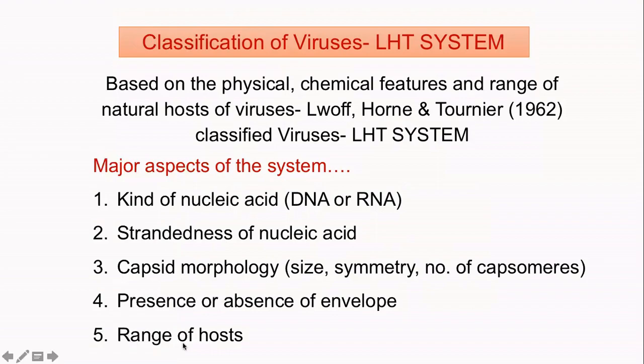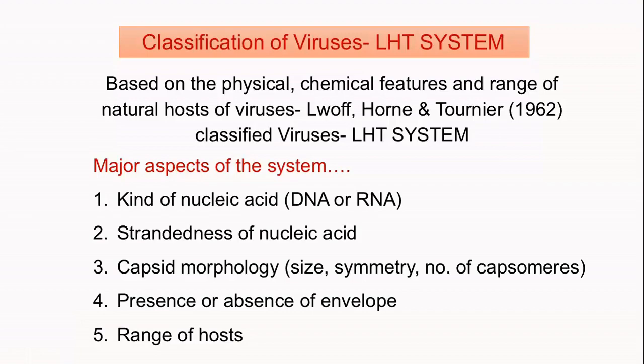And the last category that it uses is the range of hosts, that is, all the hosts these viruses are capable of infecting. So the LHT system uses two additional characteristics than the ICTV to characterize viruses.